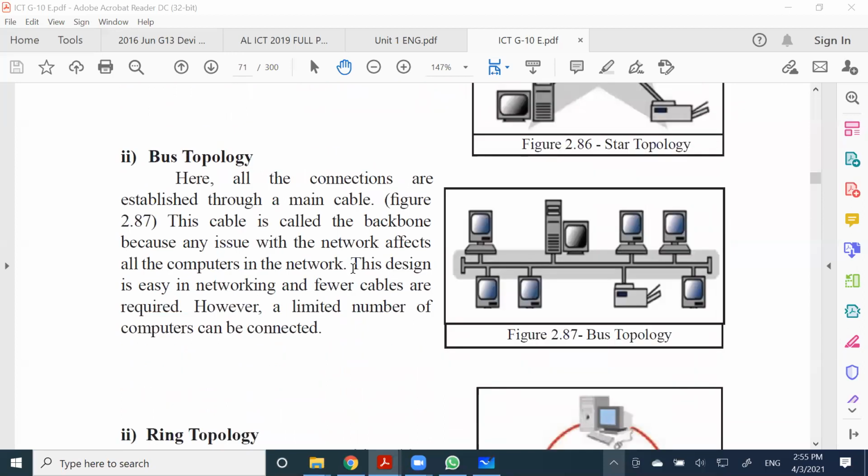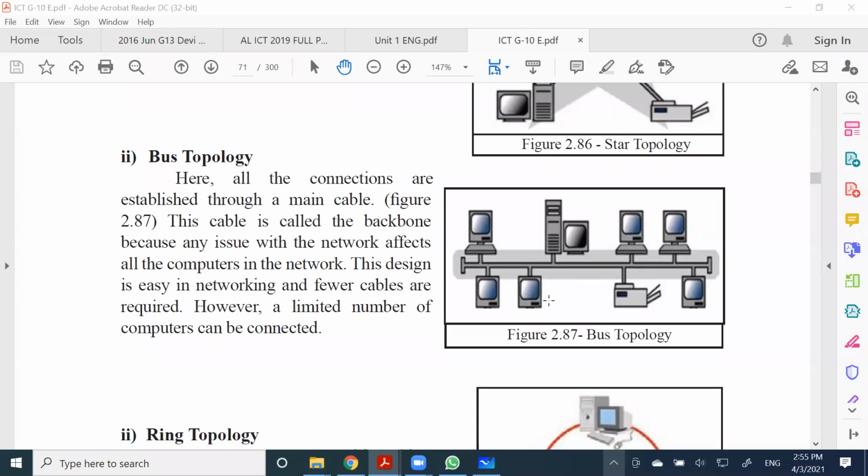And bus topology is something like a bus, something like the main road. So this is what you call the bus. The line in the middle is what we call the bus. And it has two terminators to indicate that this road has ends. To this bus, the computers are connected.